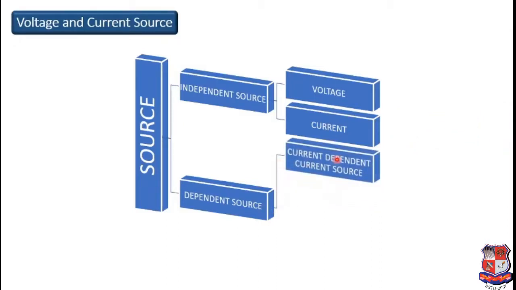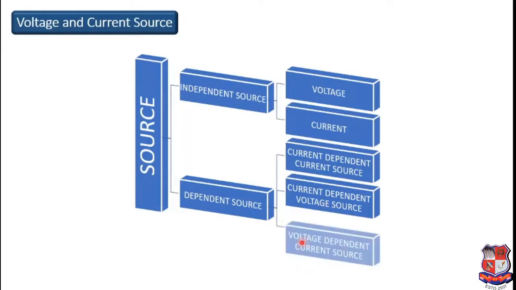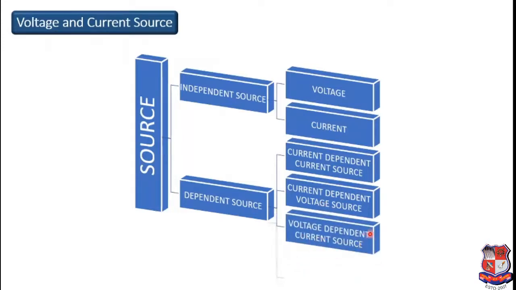So the dependent source is divided into four parts, which are current dependent current source, current dependent voltage source, voltage dependent current source, and voltage dependent voltage source.